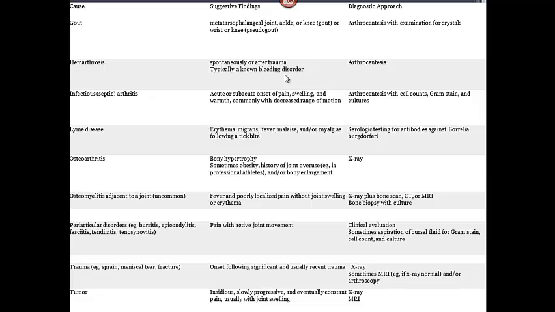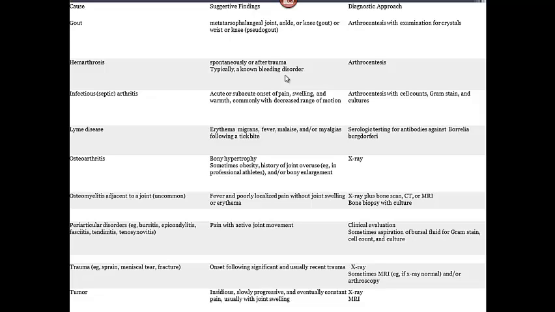Other periarticular diseases such as bursitis, epicondylitis, fasciitis, tendinitis, all those itis, remember, is unilateral, is monoarticular. Patients will have pain with active joint movement. So if you tell the patient, okay, can you raise your shoulder, you're going to have pain associated with that movement. And that's basically like supraspinatus or infraspinatus bursitis.